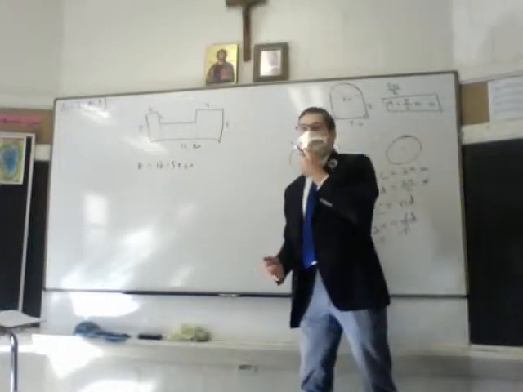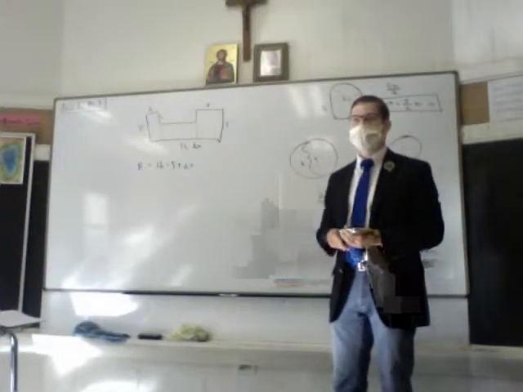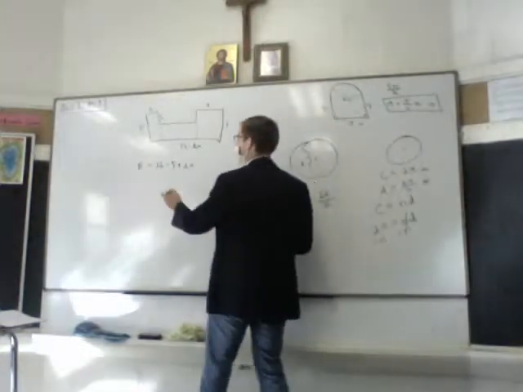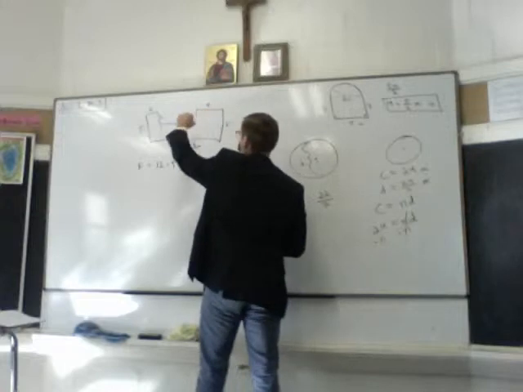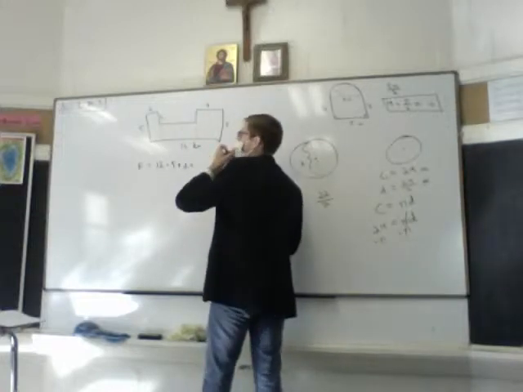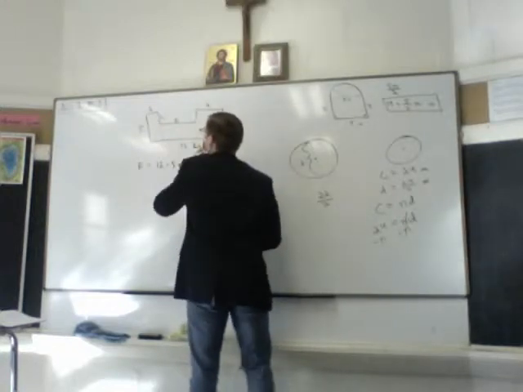The width of all 3 rectangles, if we're dividing into 3, the width of them all together is what? 12. Okay, well this one has a width of 2, this one has a width of 4, so what's the width of this guy? 6. They've all got to add up to 12. We've already got 2 and 4, so we need 6 more to add up to 12.